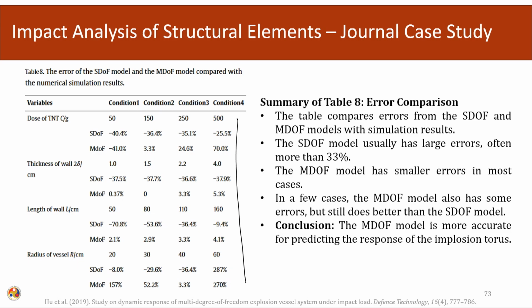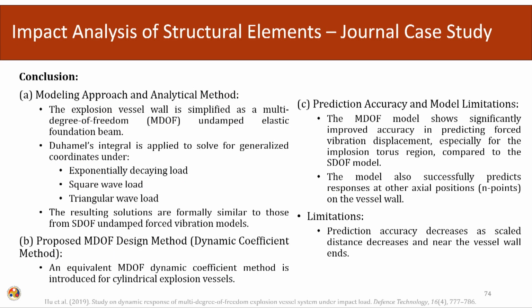So, the conclusion: the modeling approach and the analytical method. We can use a multiple degree of freedom system and approximate it using an undamped system, then evaluate the forcing functions and the responses, and this will be very close to the single degree of freedom system approach.